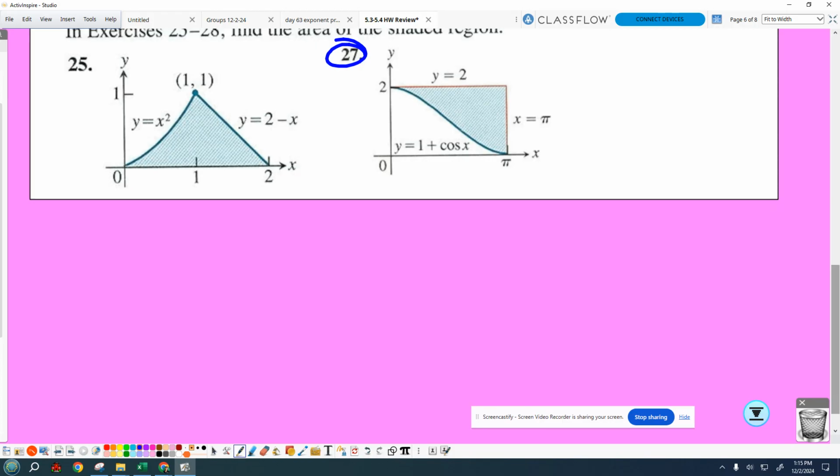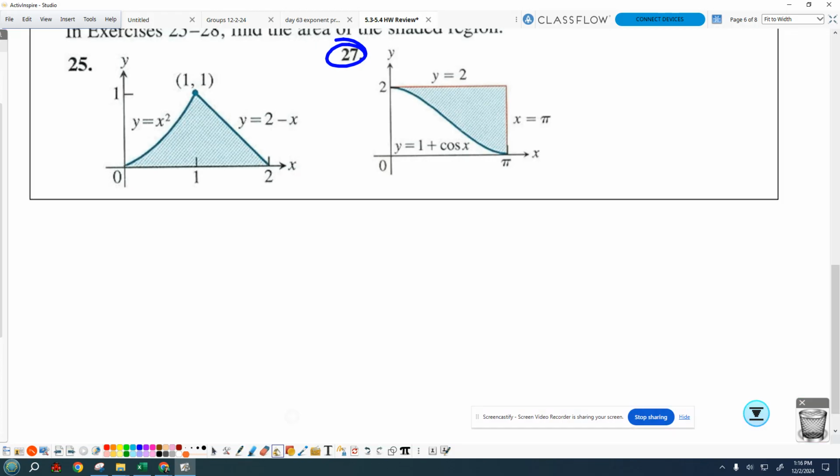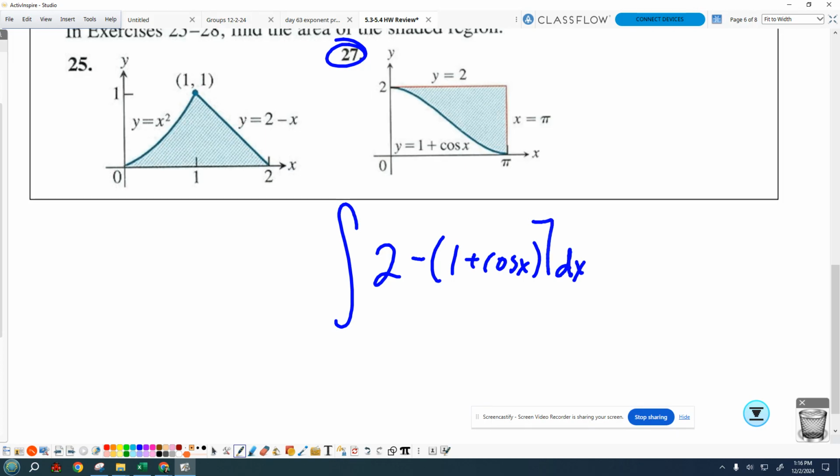Okay, so some people are doing this the much more difficult way, and they're like, okay, the area is the top curve minus the bottom curve, integrated from 0 to pi. Oh my goodness.